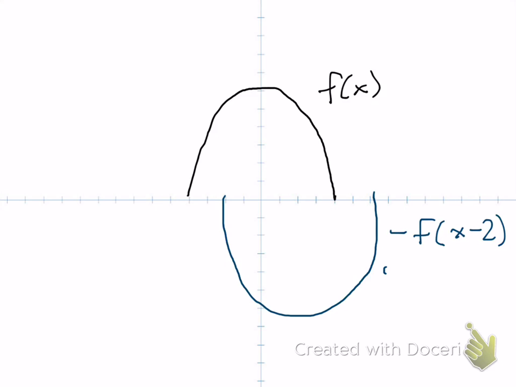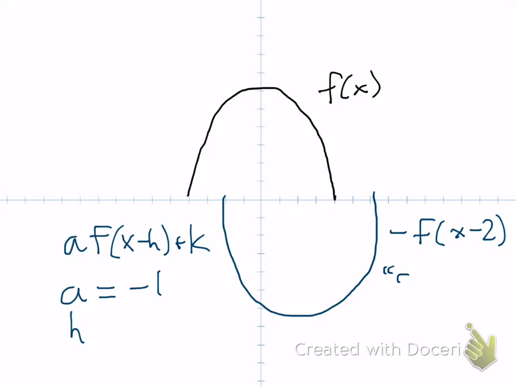Remember, if I write a times f of x minus h plus k, well, here my a equals negative 1. So that's why my whole graph is going to flip upside down. And then I've got my h is 2. So the whole graph is going to shift right by 2.